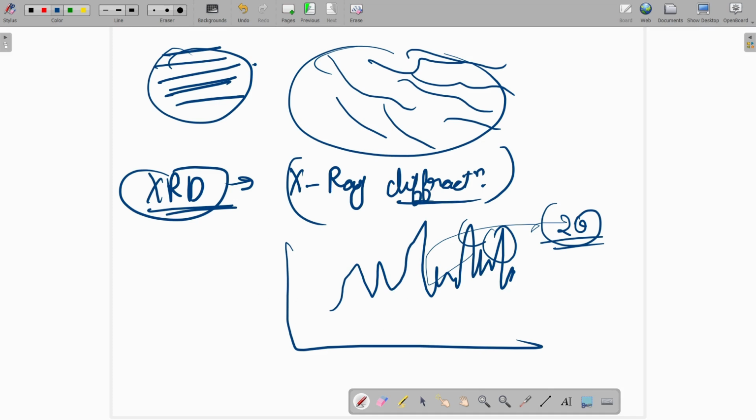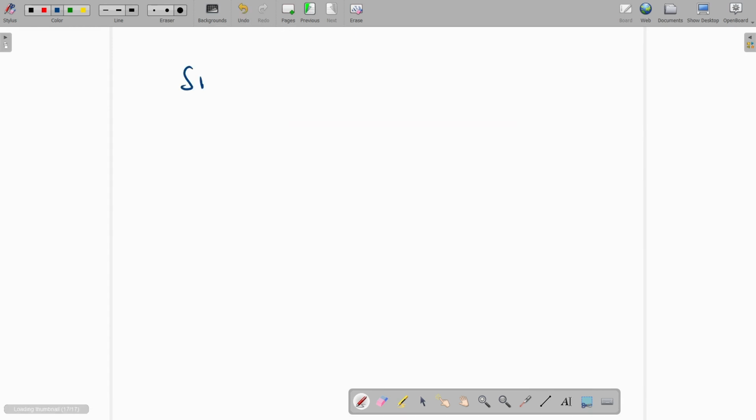Then we calculate how this is formed, and the higher the peak, this highlights the crystalline part. In this way we calculate the crystallinity. It is calculated by XRD. And one more instrument is SEM. SEM is scanning electron microscopy.